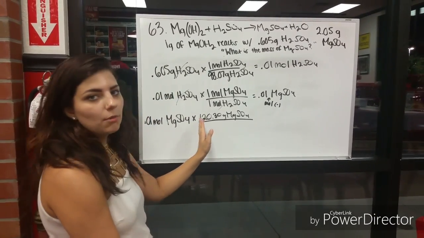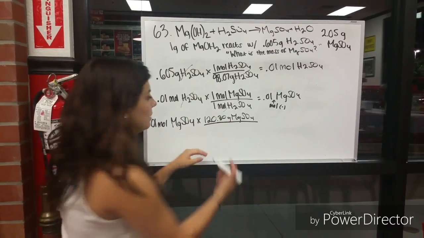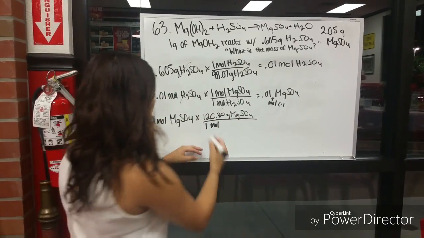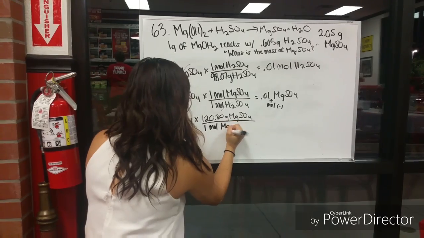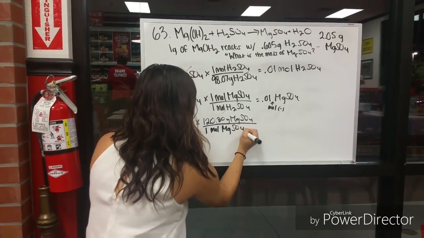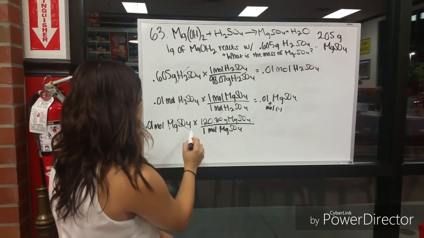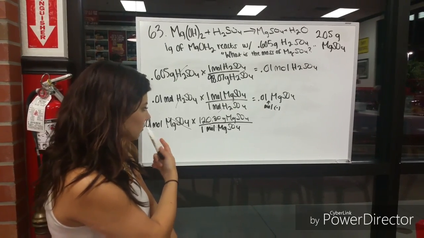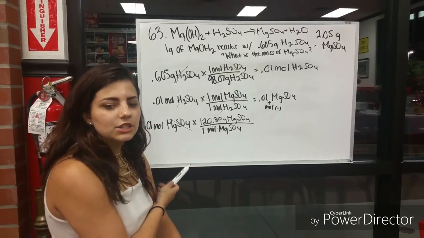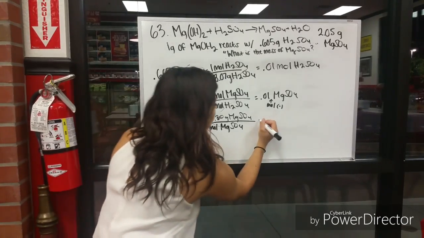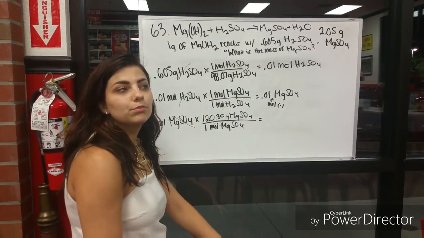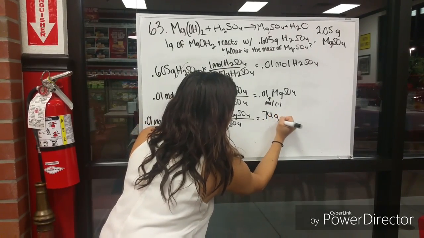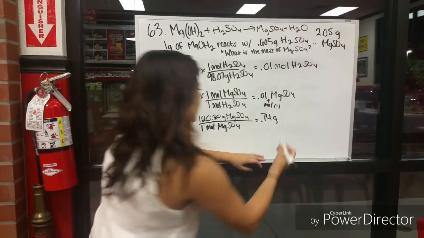So we have our molar mass on the top, and then we put our mole on the bottom, because we want these to cancel each other out. And so we'll end up doing 0.01 times 120 essentially, and that's going to give us 0.74 grams of MgSO4.